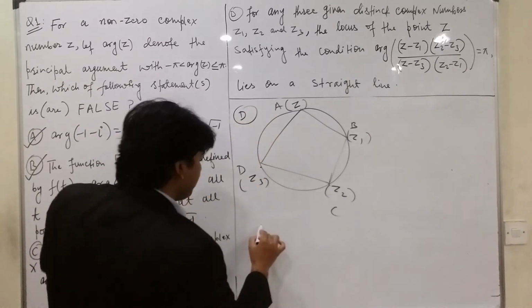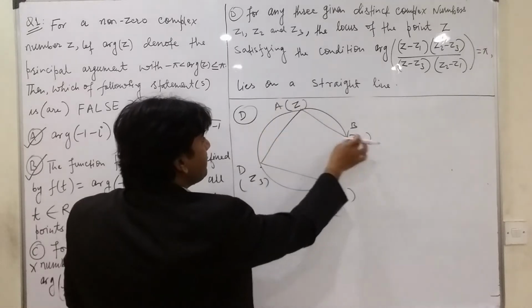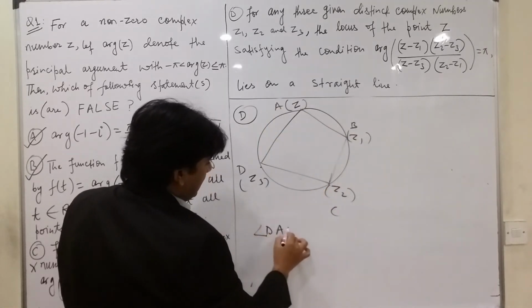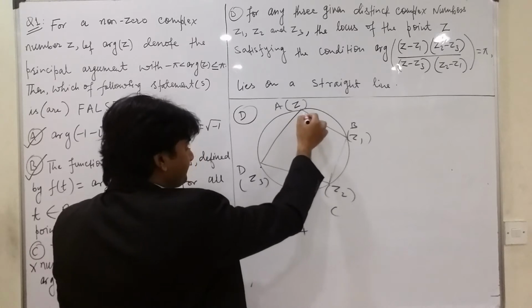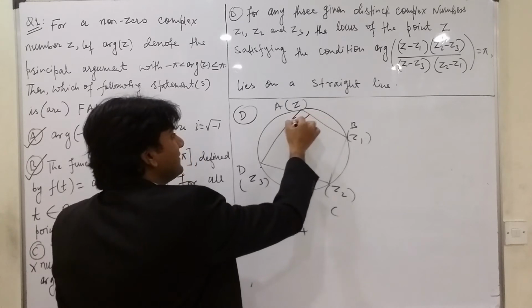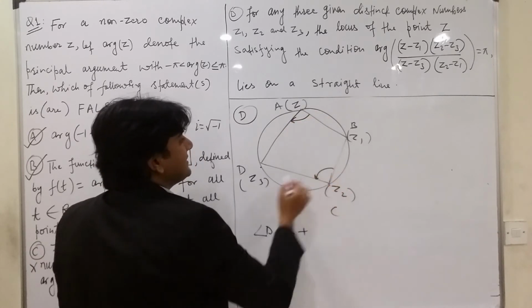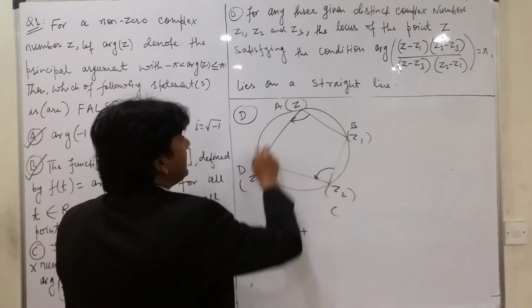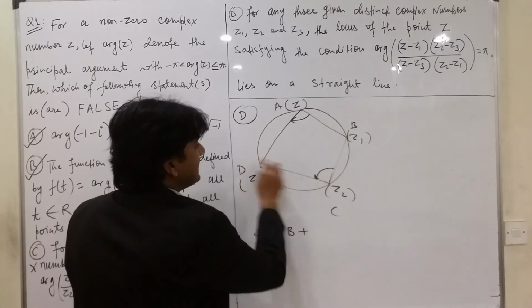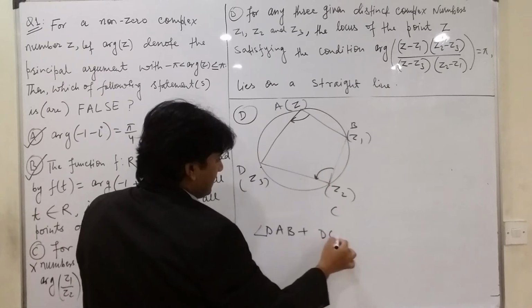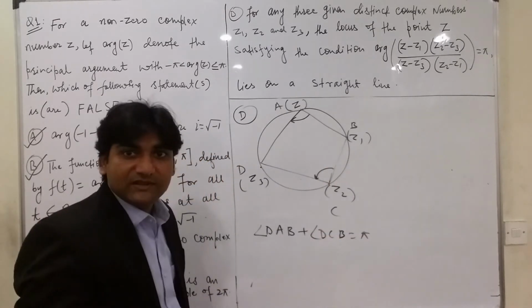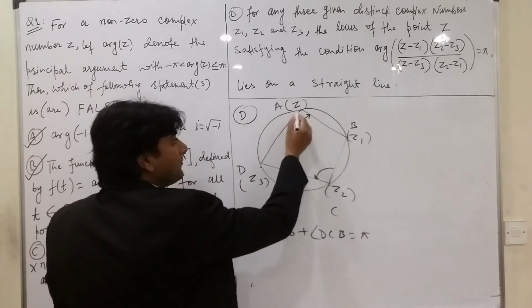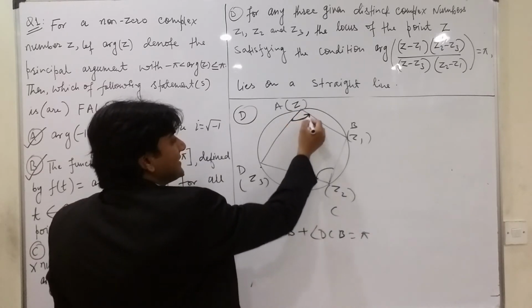So if I say angle DAB plus angle DCB, the sum of these two must be pi, and I have to take the anti-clockwise sense.